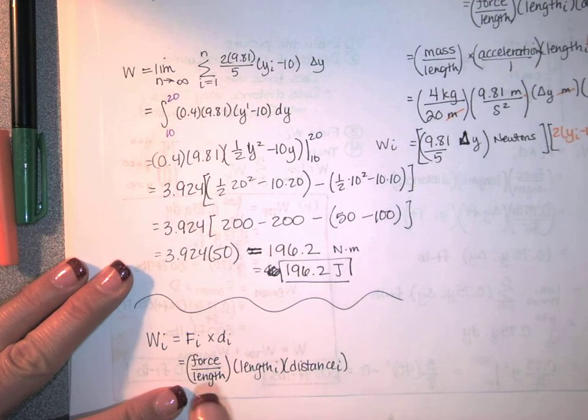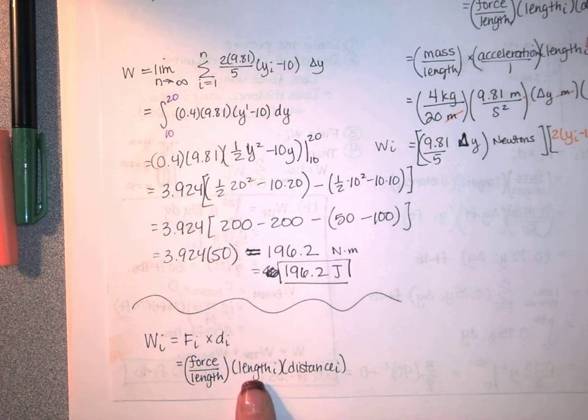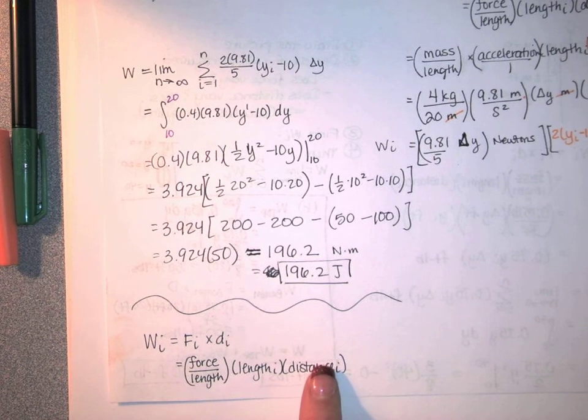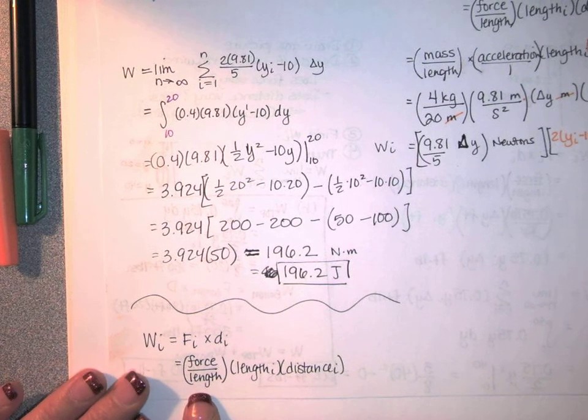And this is the length of a particular piece, and that's the distance a particular piece moves through. It's not the length of the whole chain, and it's not the distance that the whole chain or rope moves through.